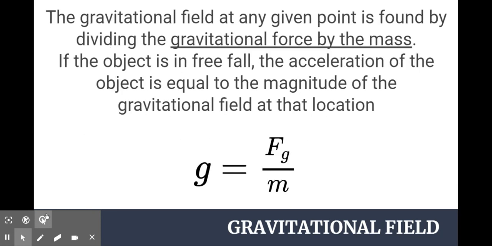Okay? Now, the gravitational field, we can figure this out by dividing the force of gravity by the mass. Okay? Now, if an object is in free fall, the acceleration at a given point in the gravitational field is going to be equal to this equation: force of gravity divided by mass. But once again, that's if the object is in free fall.